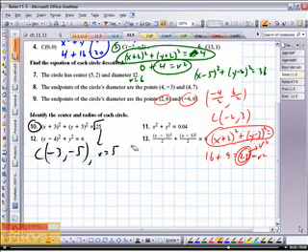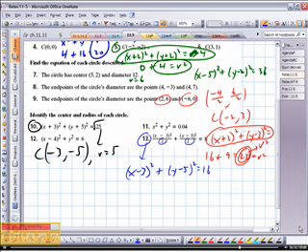Now for something like number 13, what we should do is multiply the 2 to the other side, these 2's, and so we have x minus 3 squared plus y minus 5 squared is equal to 16. Then our center is at 3 comma 5, and our radius is the square root of 16, which is equal to 4. So our center is at 3 comma 5, our radius is 4.